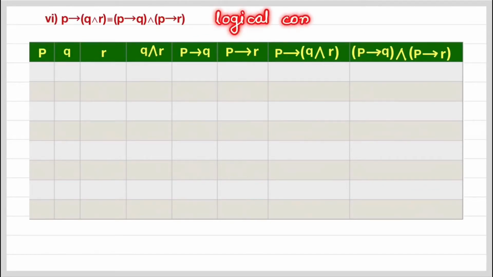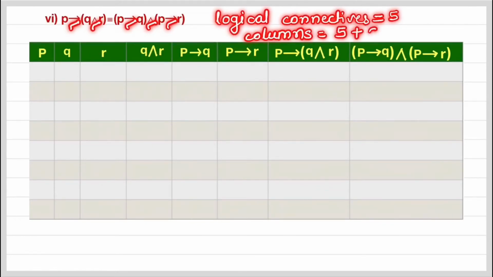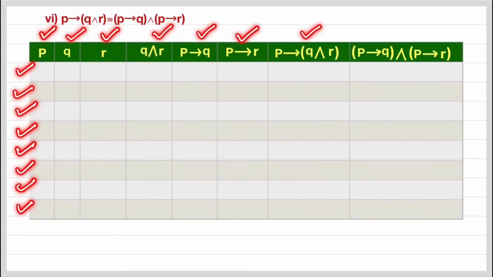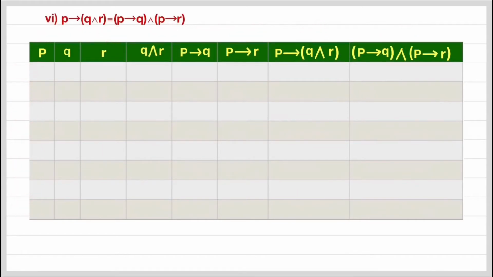And how many logical connectives? 1, 2, 3, 4, 5. 5 logical connectives, therefore columns are 5 plus 3, which is 8 columns. That means we have to construct a truth table with 8 rows and 8 columns. These are the 8 rows and these are the 8 columns.